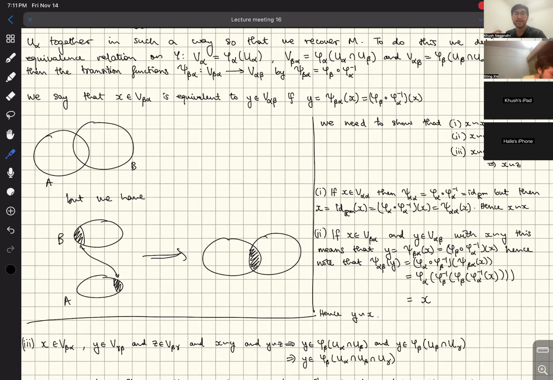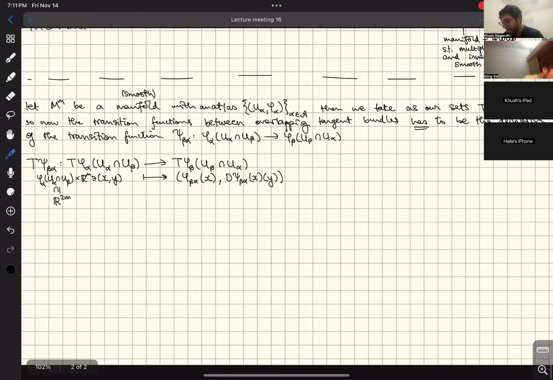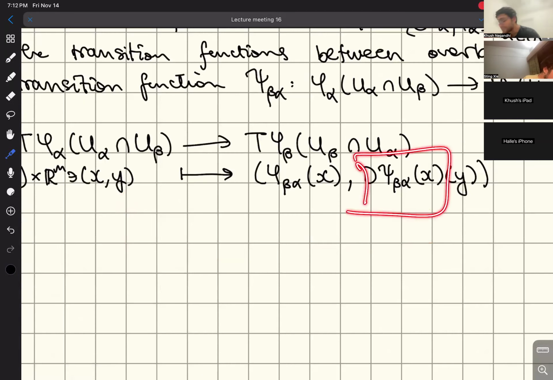And it adds the additional structure that y has to be the same thing after a change of coordinates by the derivative of the transition function. Okay.